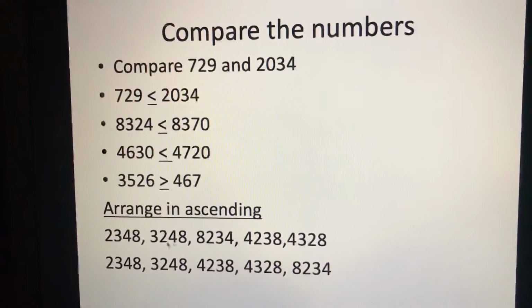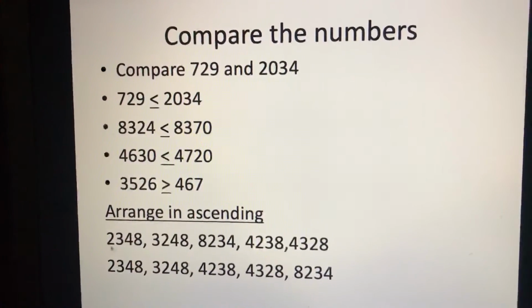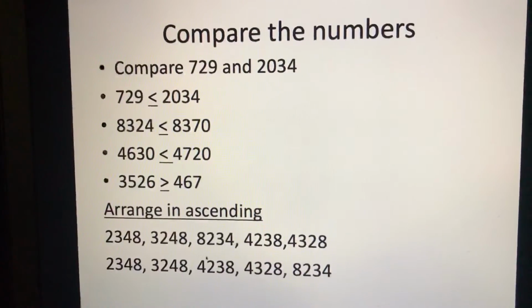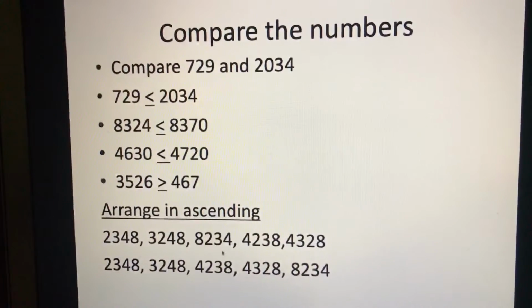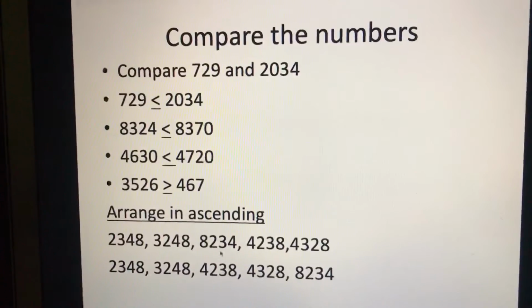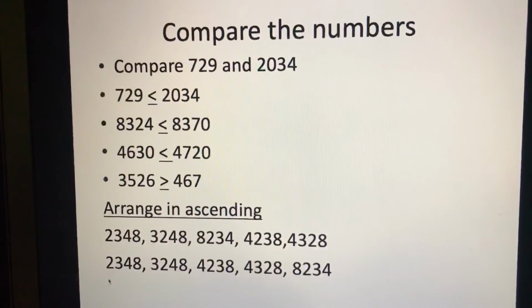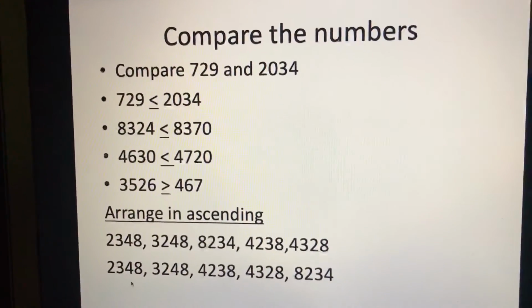So which is the largest and which is the smallest? 2348 is the smallest, and 8234 is greater. So we write smaller first, 2348.